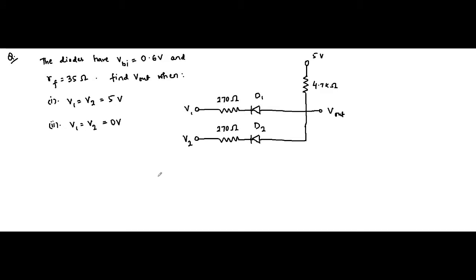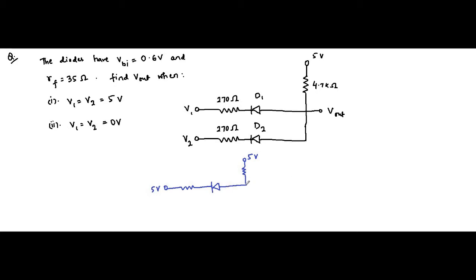Now, when V1 and V2 are equal to 5 volt, pay attention that this terminal is also connected to 5 volt. So both ends of the diode are connected to 5 volt. I have already told you how a diode gets forward biased and reverse biased.